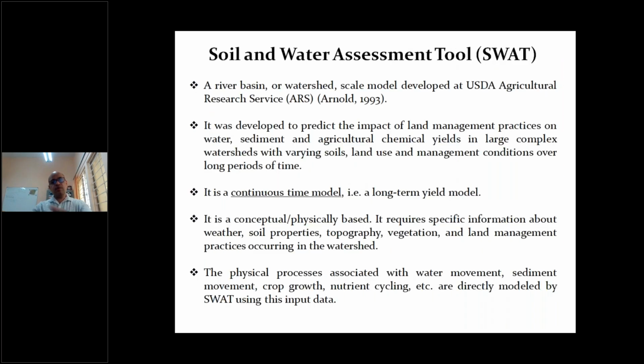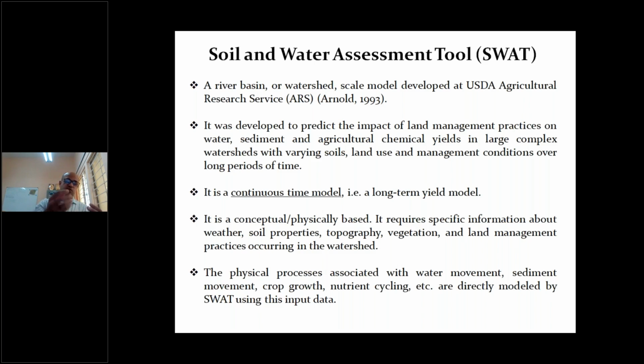Now, one of my colleagues will give you a demonstration of the SWAT model specifically for runoff generation, because in the SWAT model, the curve number method is implemented for estimating runoff. Only difference is it doesn't divide the area into sub-watersheds. It divides the area into hydrological response units.